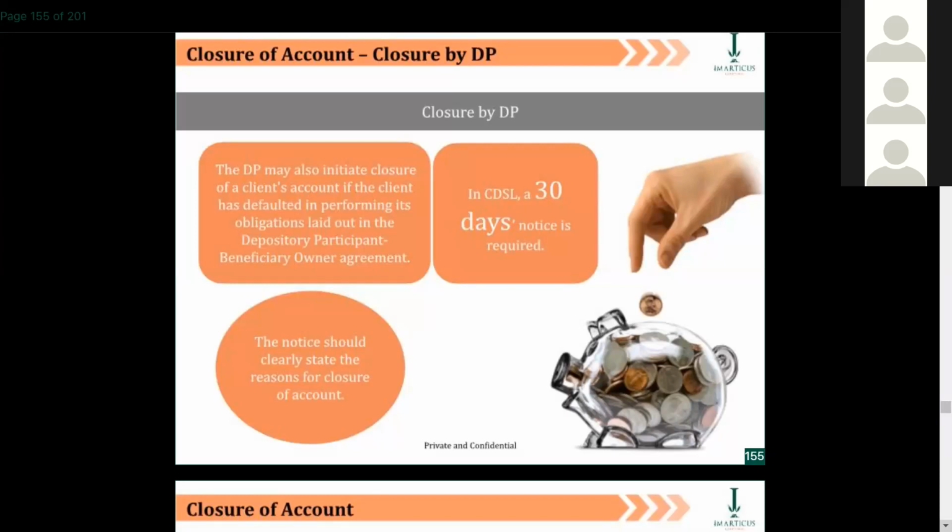Also, in case the bank has sent some reminder to the customer for compliance and he has not reverted, the bank can also close the account giving 30-day notice to the customer. So the DP can initiate closure of the client account if the client has defaulted in performing its obligation laid down by the depository participant beneficial owner agreement.